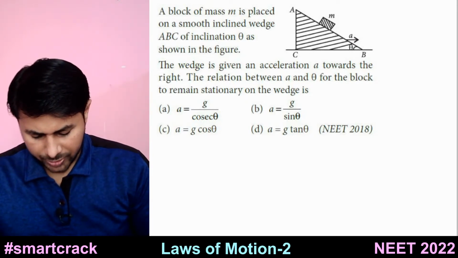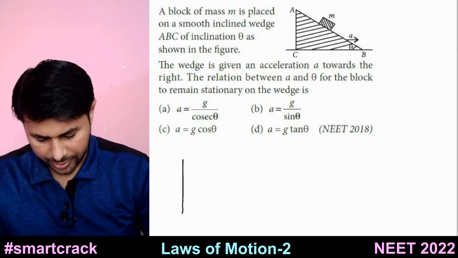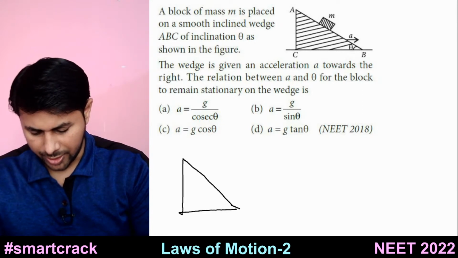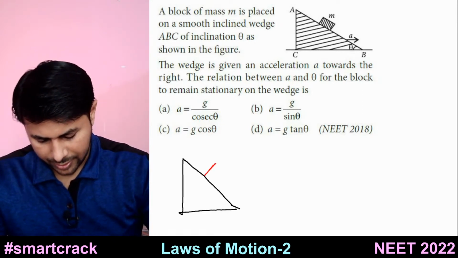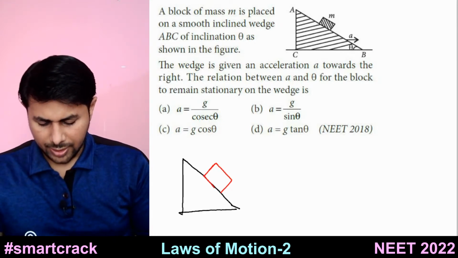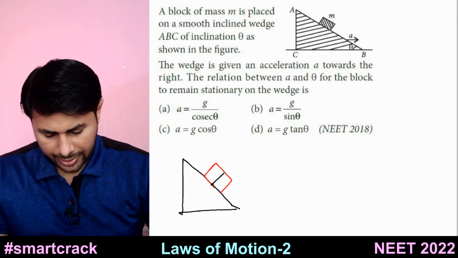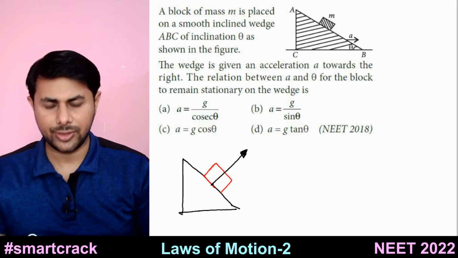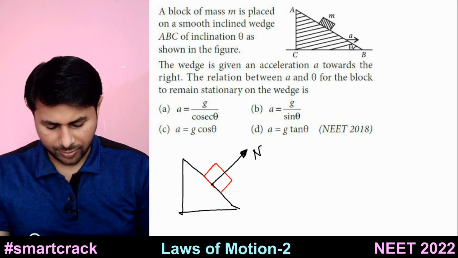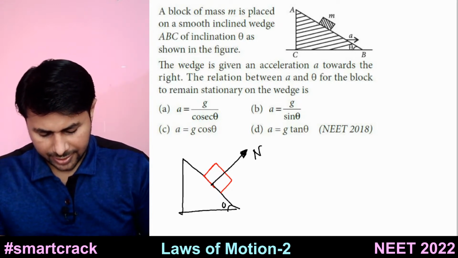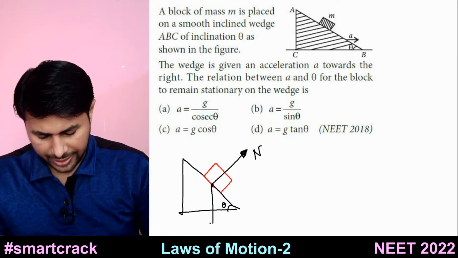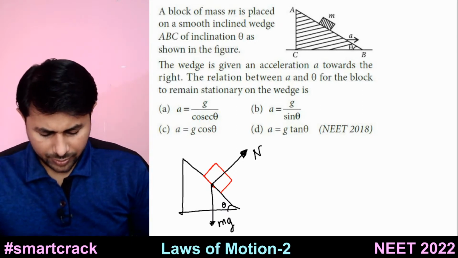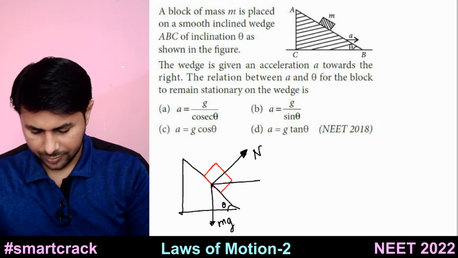So let's suppose we have this block. This is the wedge, and we have this block over here. N, the normal reaction, always acts perpendicular to the surface. So N is the normal reaction. This angle is theta. Mg acts downwards. Now how much will be this angle?